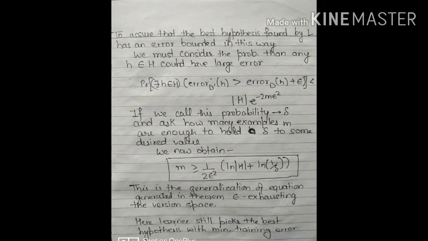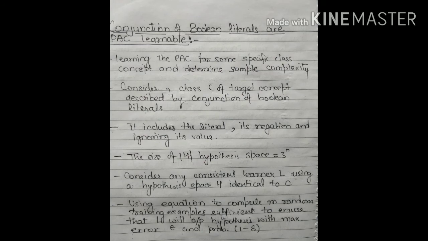M is the number of training examples required to successfully give the hypothesis that will provide the minimum training error. So in our next topic we are going to find out whether the conjunction of Boolean literals is PAC learnable or not.